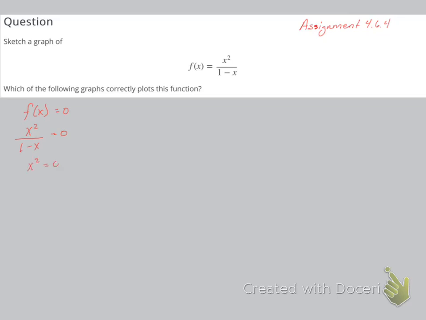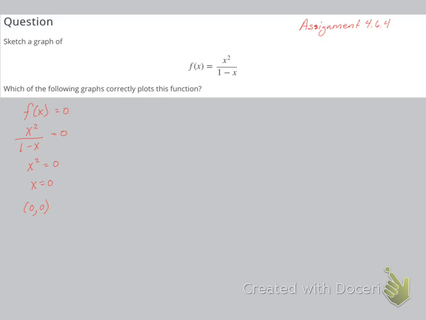So if we set this equal to 0, we get x equals 0. That means that y was also equal to 0, which means that we found both the x and the y-intercept. So we know that this graph crosses the origin, and that there aren't any other places where it crosses on the x or y-axis.